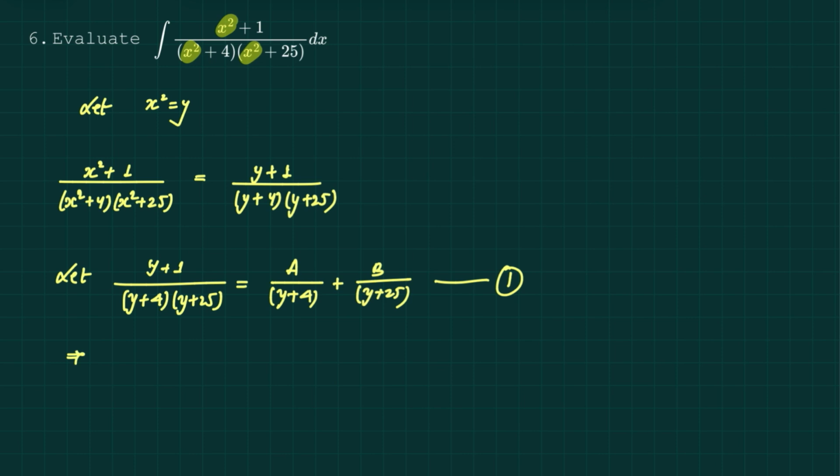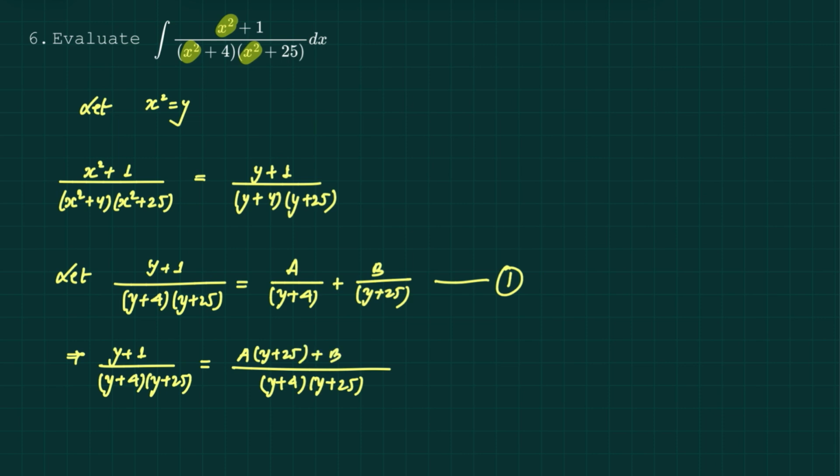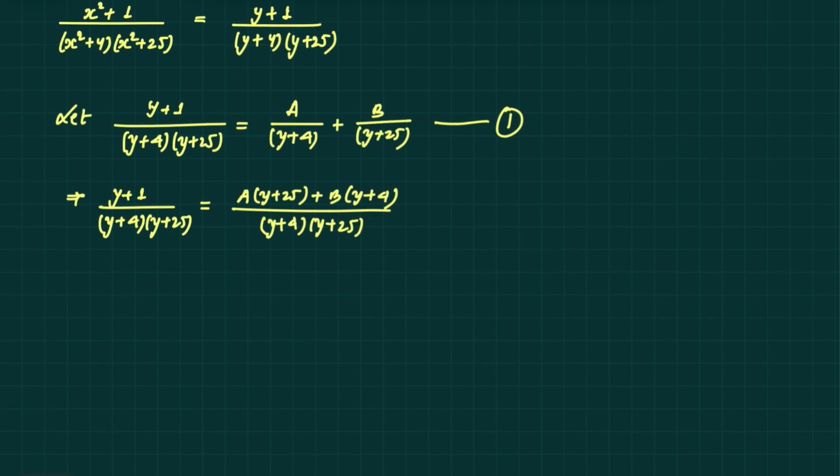So this implies the numerator equals, with denominator (y plus 4) into (y plus 25), a into (y plus 25) plus b into (y plus 4). Comparing the numerators, then we will have y plus 1 equals a into (y plus 25) plus b into (y plus 4). Let this be equation 2.